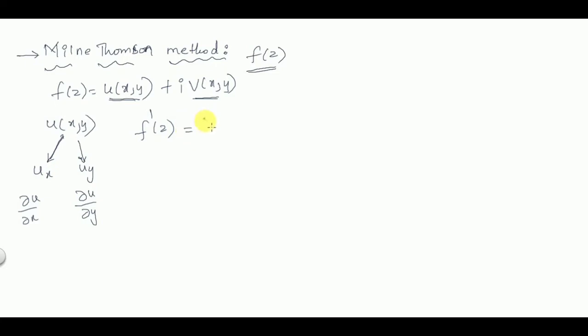We know that the differentiation of f of z is given by ux plus i into vx. From the Cauchy-Riemann equations, vx is equal to minus uy, so f dash of z is equal to ux plus i into minus uy.